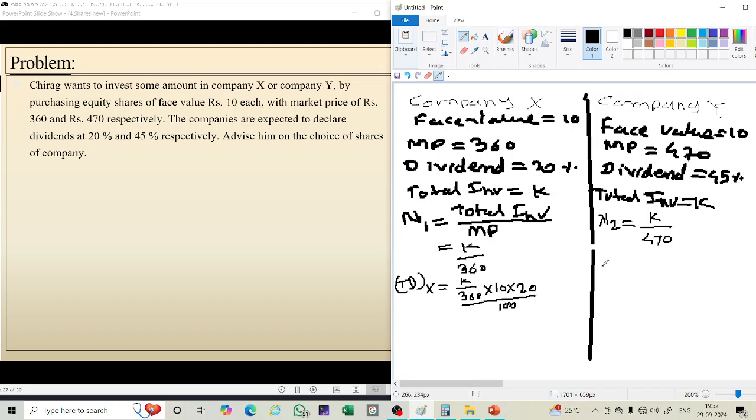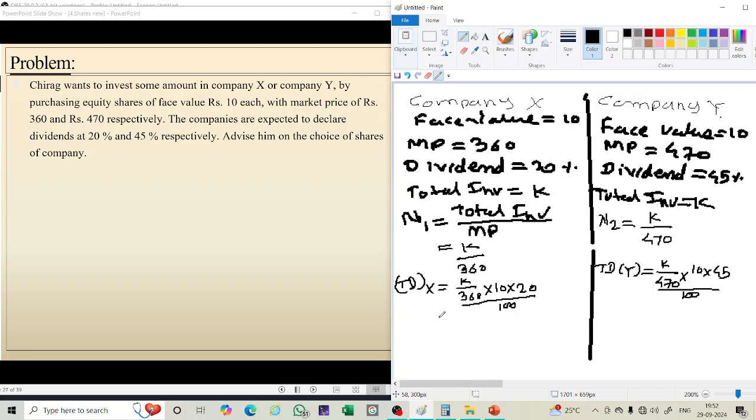Now total dividend of Y means number of shares K upon 470 into face value, which is 10, into rate of dividend 45%, divided by 100.